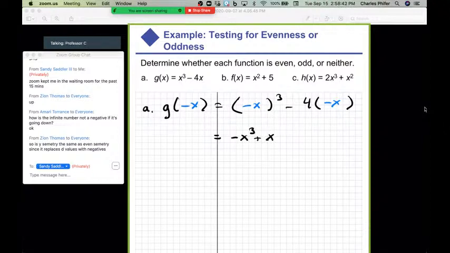Notice here we can factor out. Let's factor out a negative and see what happens. So this is the same as negative of x cubed minus x. Oh, I forgot about the 4. There needs to be a 4 there, and a 4 there.